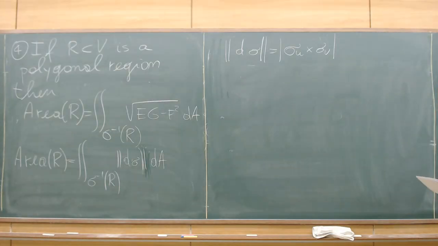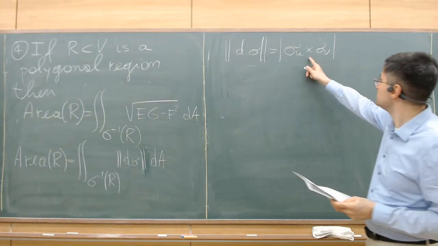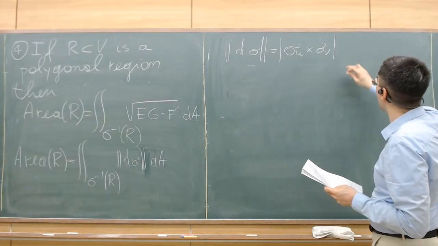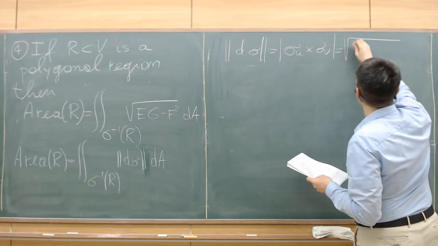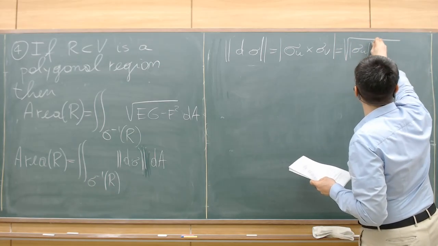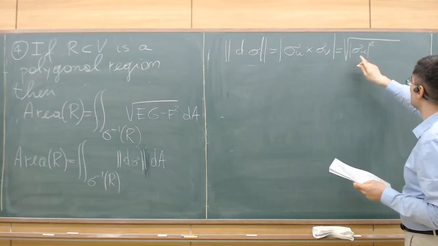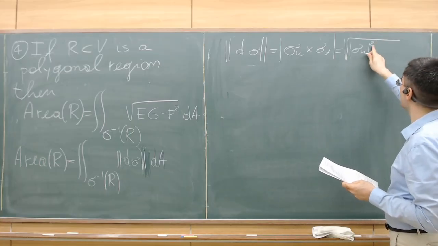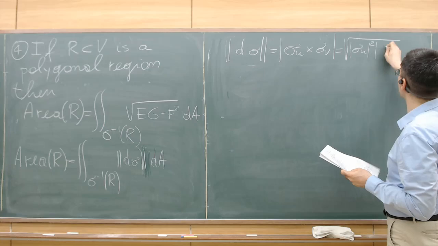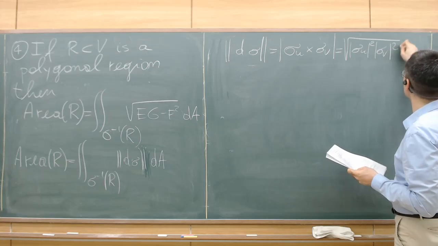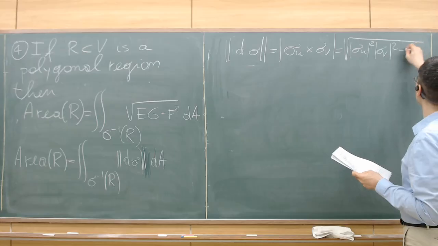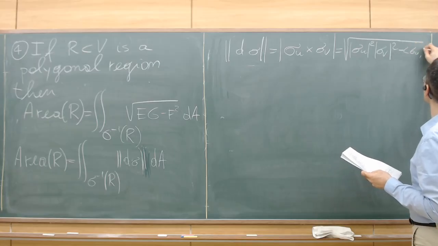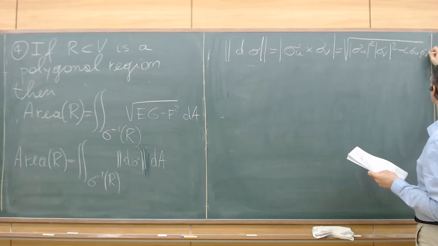Using the properties of the cross product, this can be written as the square root of the square length of sigma u times square length of sigma v minus the square of sigma u inner product sigma v.